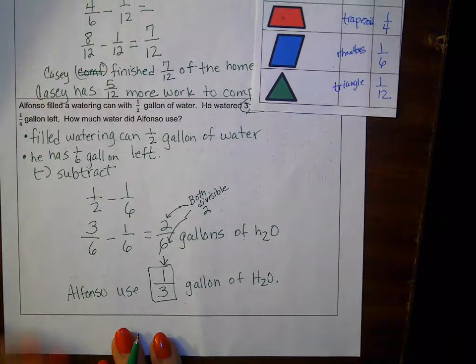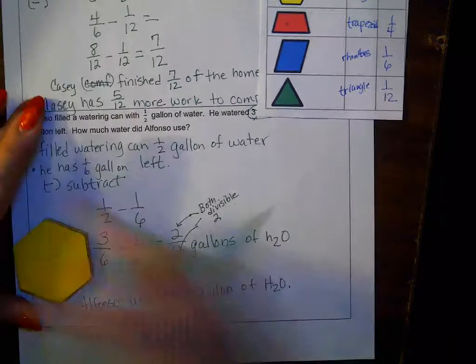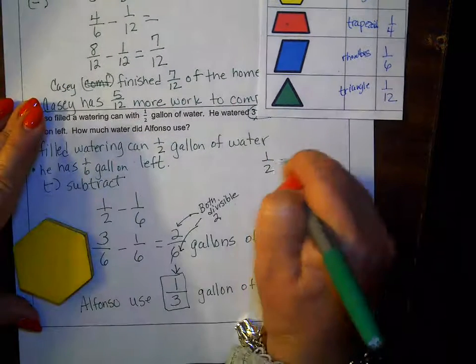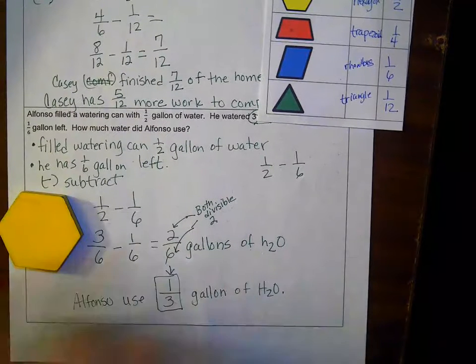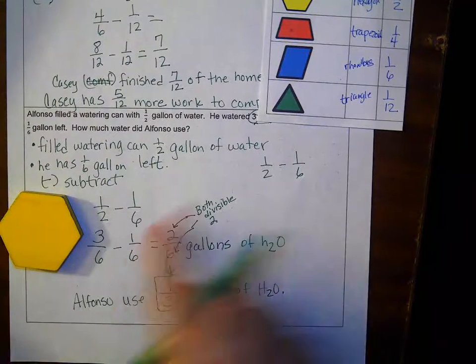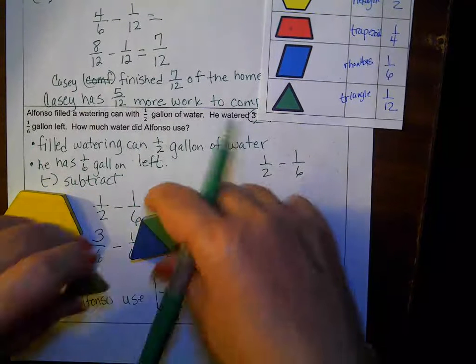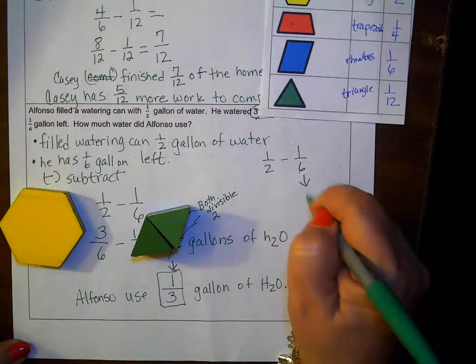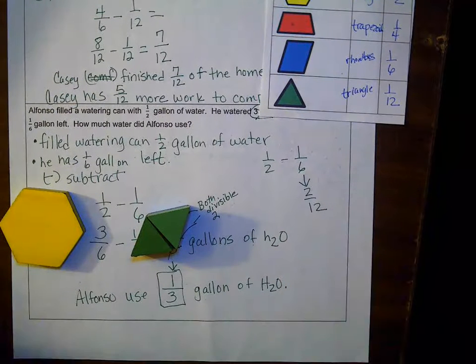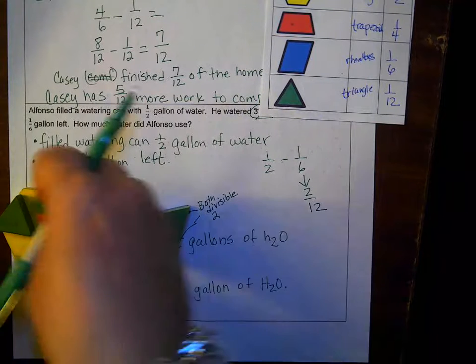If you're wanting to do it with the 12ths, I have my 1/2 here, and I'll do it over here. So you have your 1/2, and I have my 1/6, which is this here. I knew that this was going to be 2/12, so I can have this as equal to 2/12. And how many 12ths am I going to use in this 1/2?